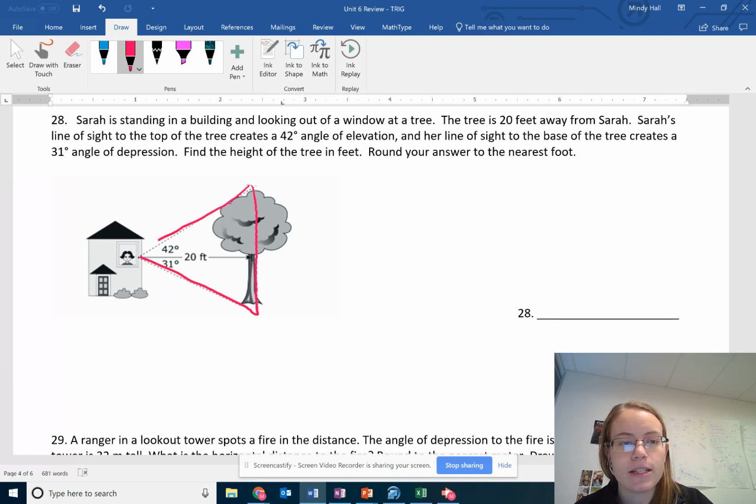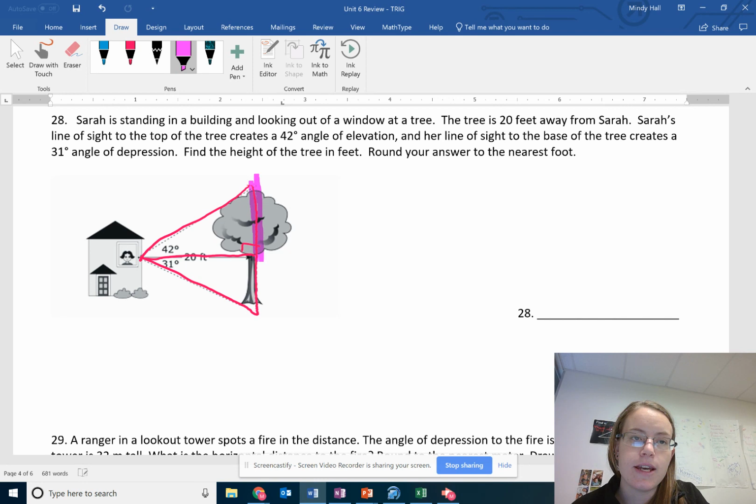But we have two triangles in here, and both of them are right triangles. So I have to find this segment, and then I also have to find this segment down here. Okay, so we're going to have X and Y.